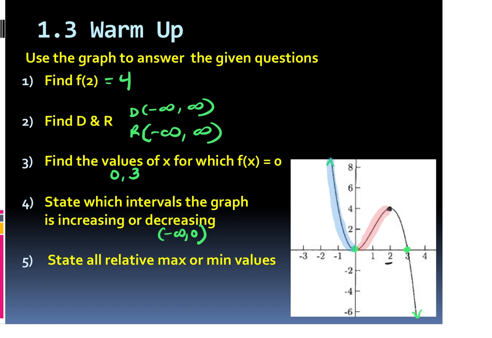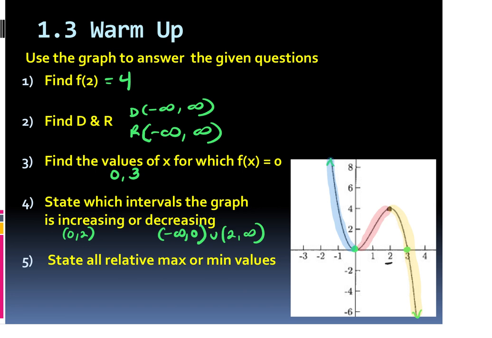And that would be from 0 to 2, and that is increasing. And then it goes back down again all the way to the end of the graph, which means it is decreasing again from 2 to positive infinity. You're always doing x coordinates or x values when you're doing increasing, decreasing behavior.